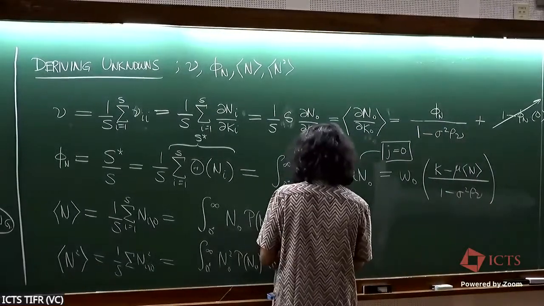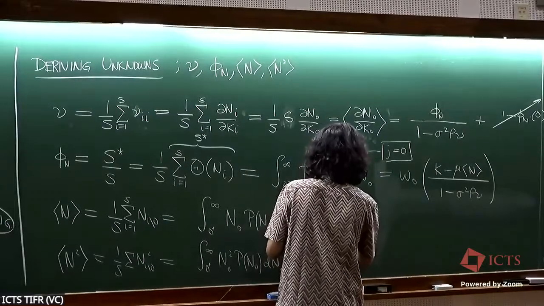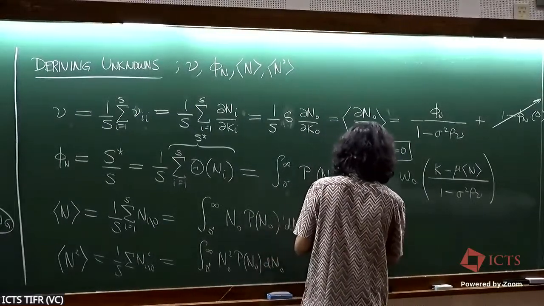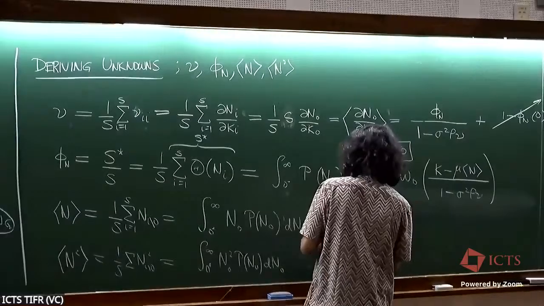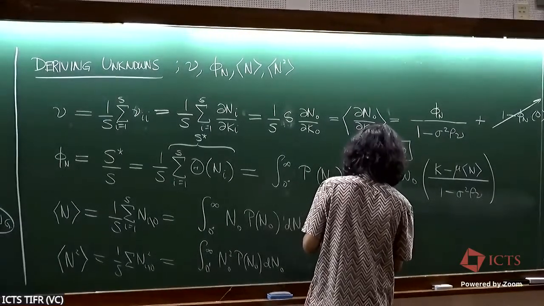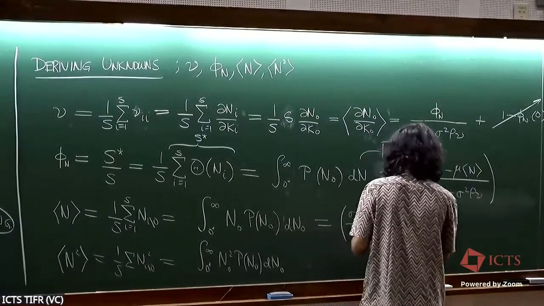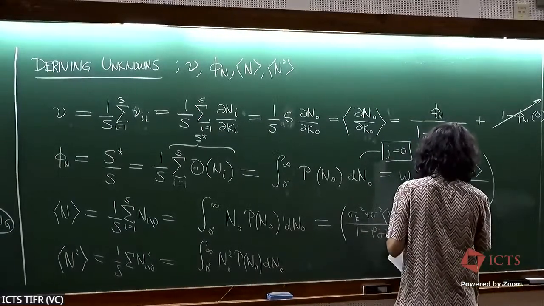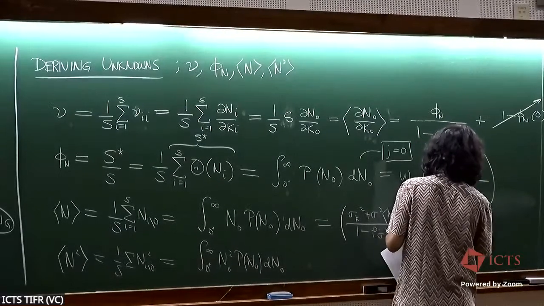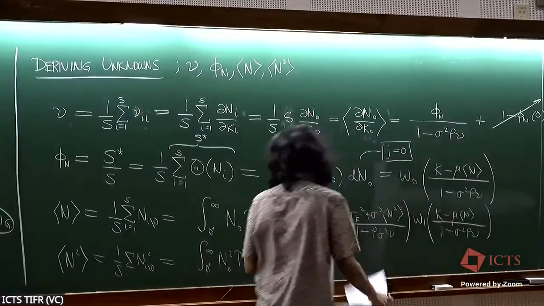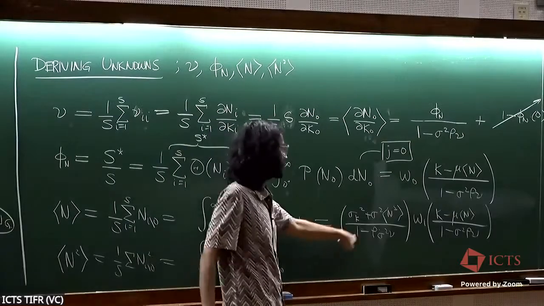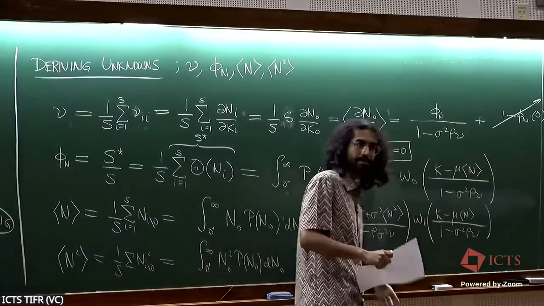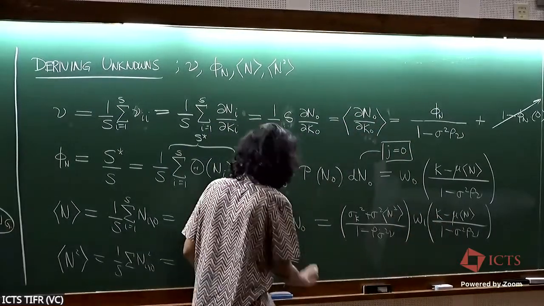This one will be sigma K squared plus sigma squared mean N squared over 1 minus rho sigma squared nu times W1 of A minus mu mean N. Same argument. And you can also then figure out this one will be this guy squared times W2 times this guy. So I'll leave it to you to write down.